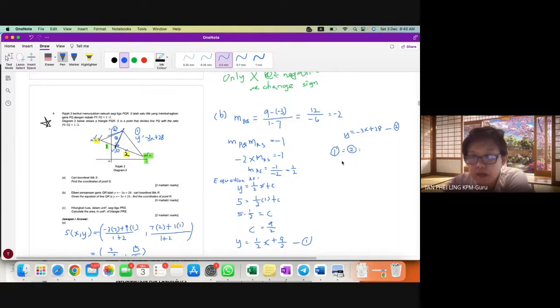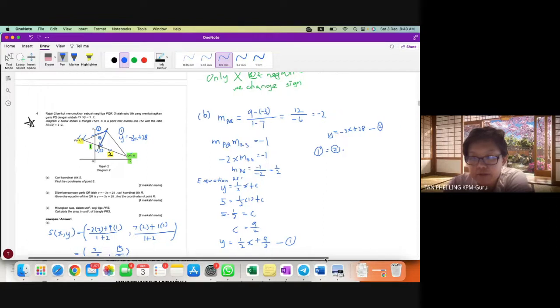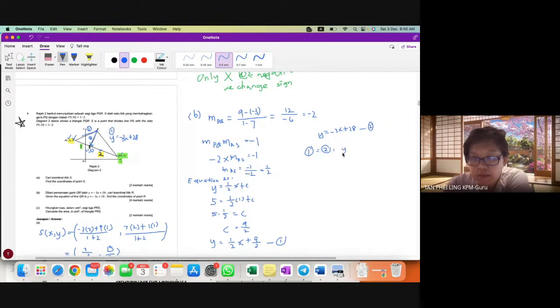So no more y, because I have already made them the same, which means my minus 3x plus 28 is equal to my half x plus 9 over 2.